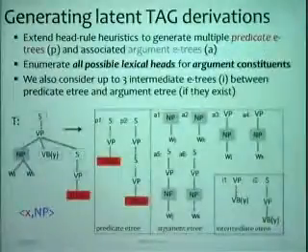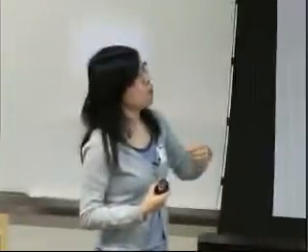We use three fixed heuristic rules to generate the predicate E-trees first. That's how we get P1 and P2. And we enumerate all possible lexical heads for the argument constituent, and we also list all possible roots. That's how we get A1 to A6 as argument E-trees. We also consider up to 3 intermediate E-trees, which are located between the predicate E-tree and the argument E-tree, shown as I1 and I2.